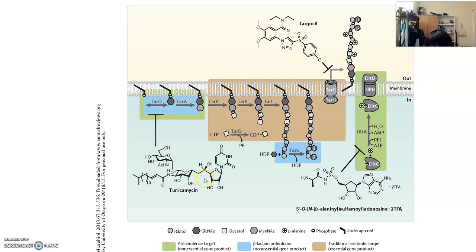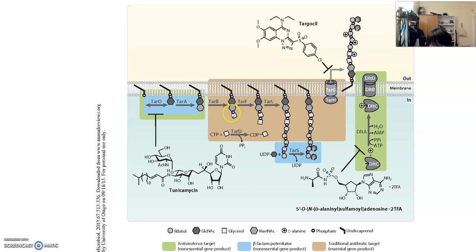These are disaccharides. The darker one is GlcNAc and the lighter one is ManNAc. Then the third step is the attachment of the phosphates and the glycerol molecules. These rectangles are glycerols and the negative signs are phosphates, and these are repeat units.